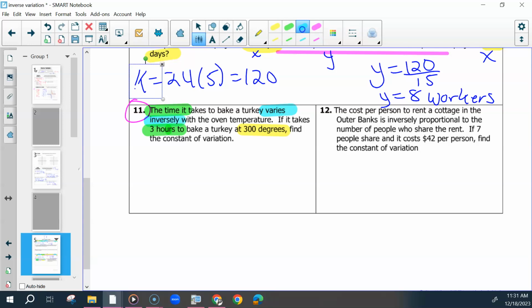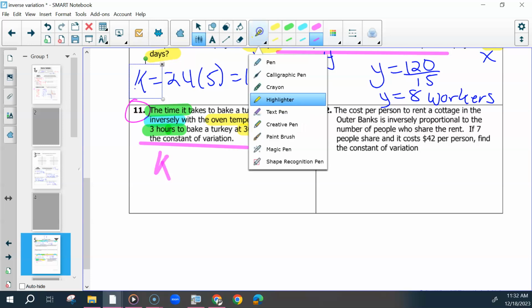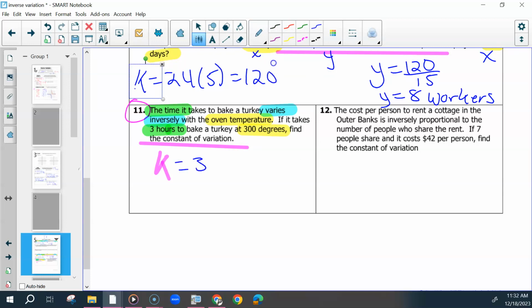And the oven temperature. And what are we looking for? The constant of variation. How would we find that? Similar to what we've already been doing. 3 times 300. We're looking for k. Which is 900. That's it. We don't have to find anything else because it didn't ask us to do that. It just said find the constant of variation, which is k.